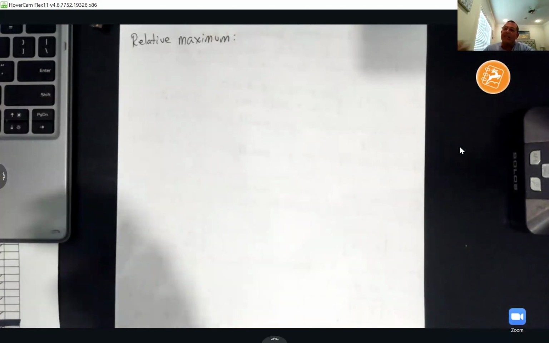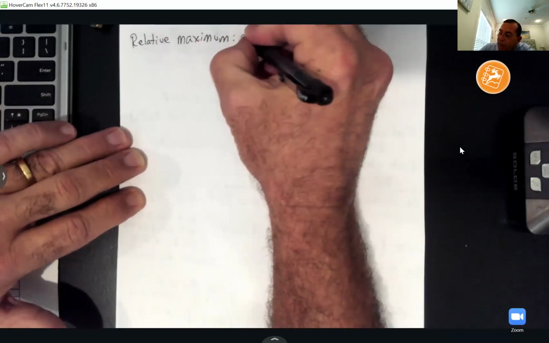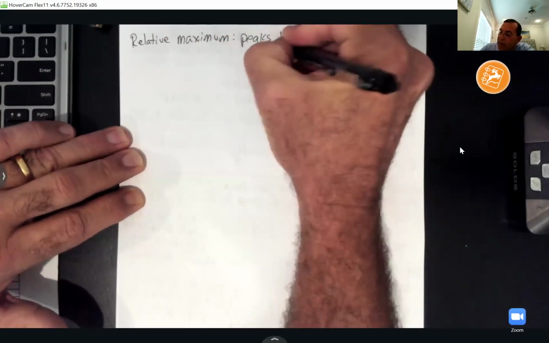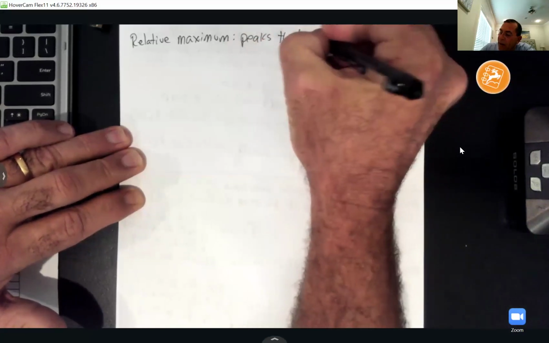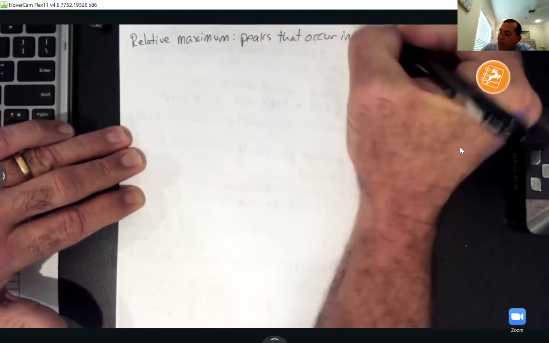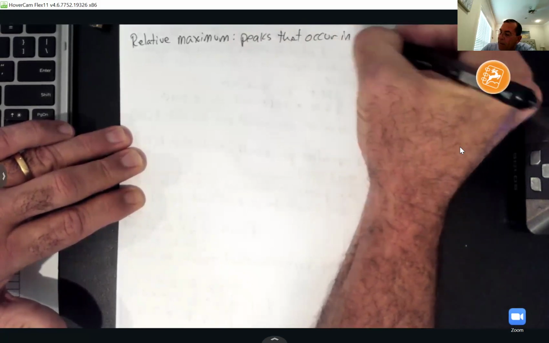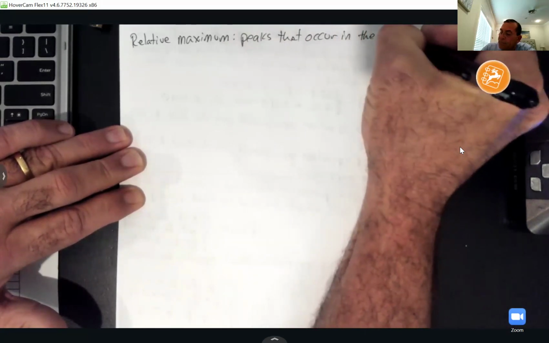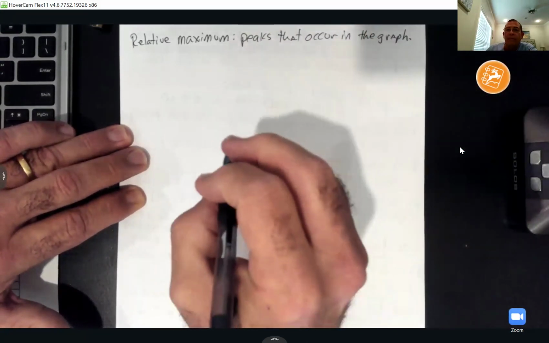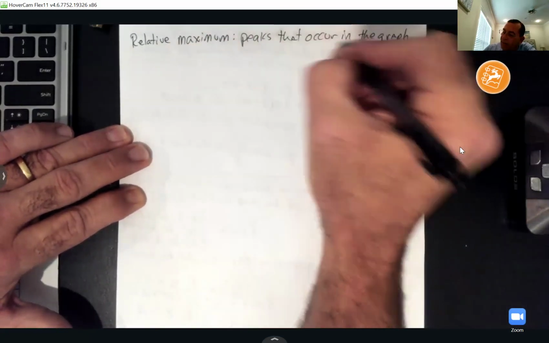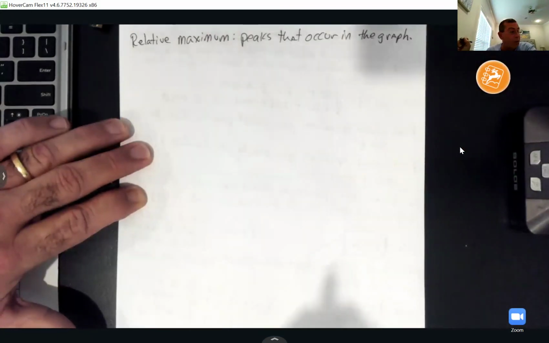Now, this ain't the overall maximum of the graph. When we talk about a relative maximum, we're talking about peaks that occur in the graph. So I'm looking at mountaintops on those.